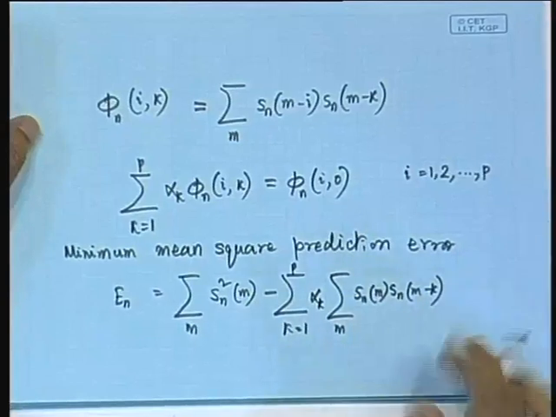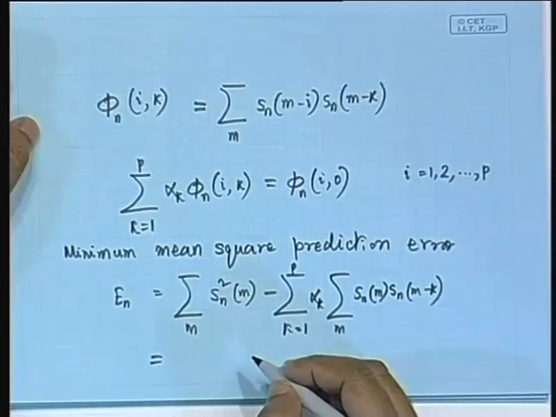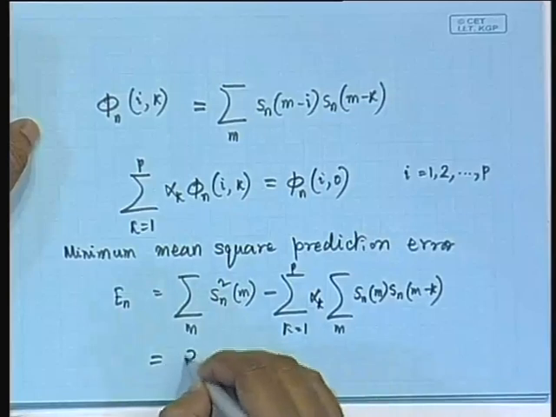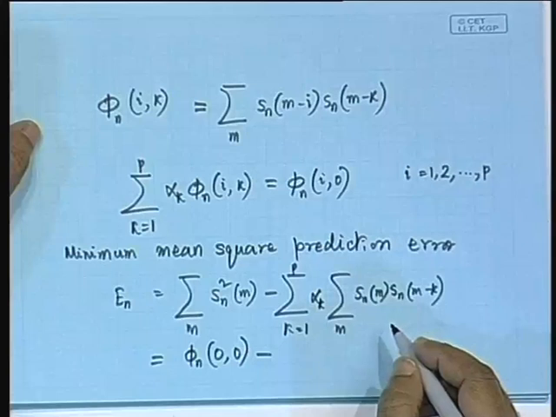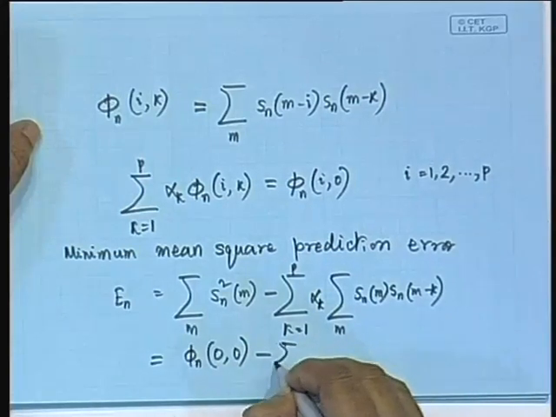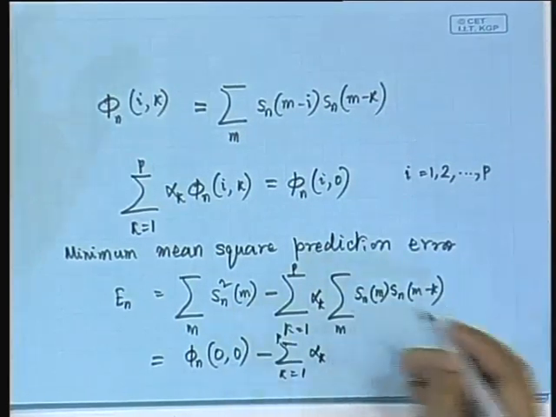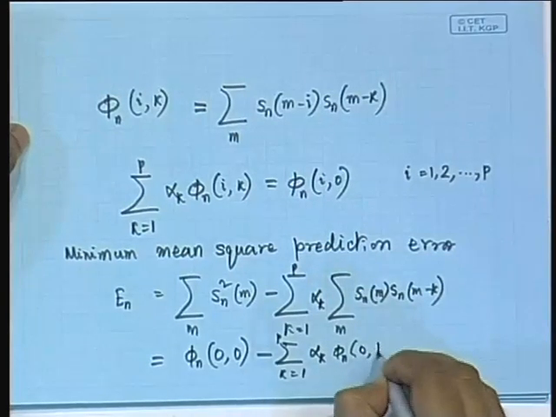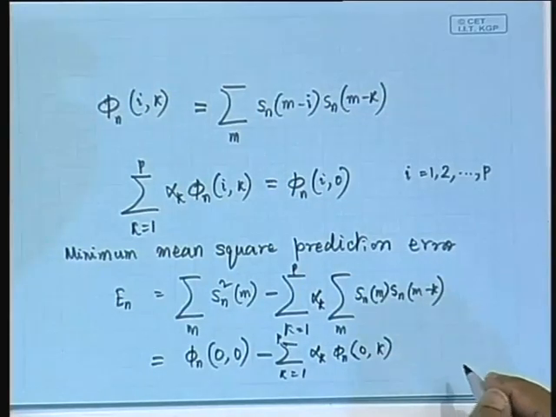How can we write Sn square(m) in terms of phi? This is phi n (0, 0), and the second term is summation k equal to 1 to p alpha k phi n (0, k). So this is the expression for the minimum mean square prediction error.